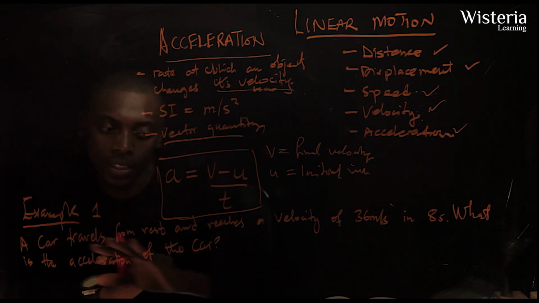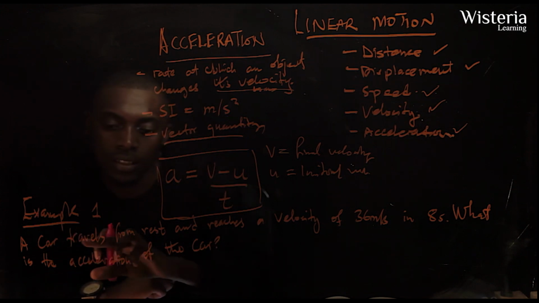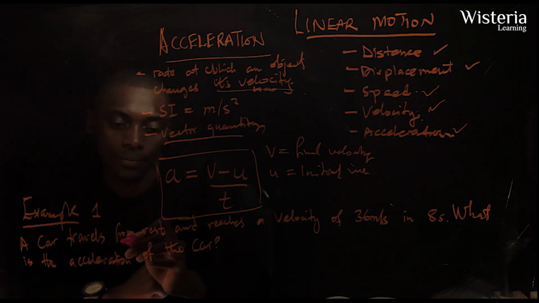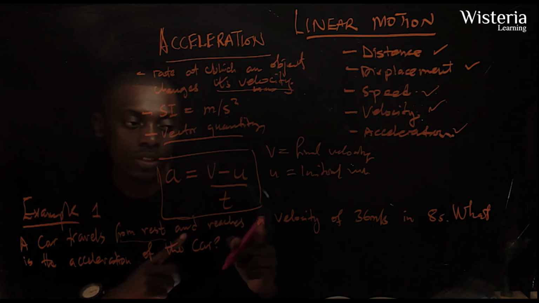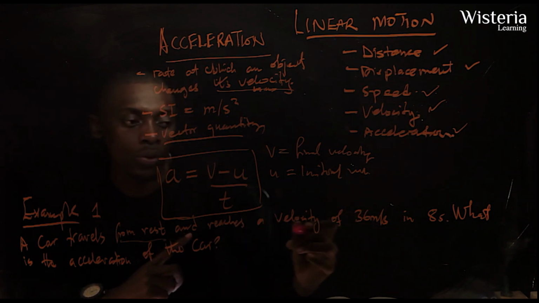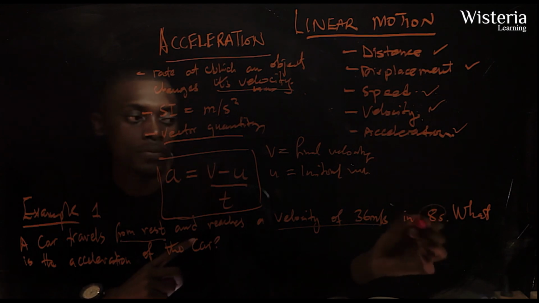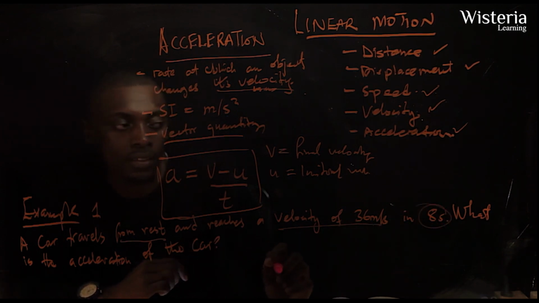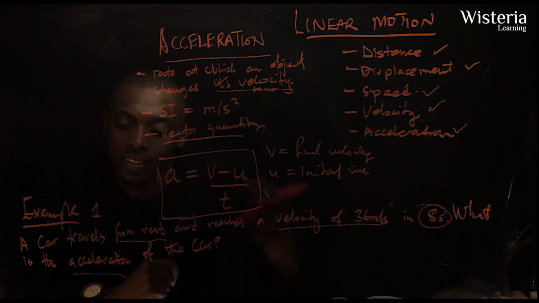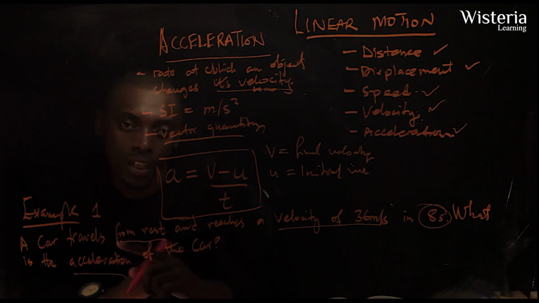So we have a particular question here which says there's a car that travels from rest and then reaches a velocity of 36 meters per second in a space of time equal to 8 seconds. So what is the acceleration of this car?